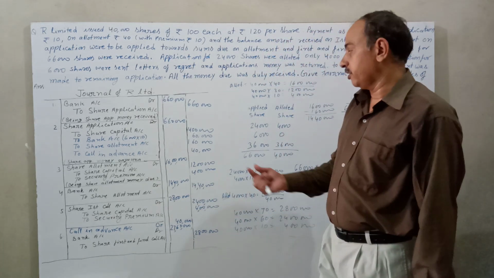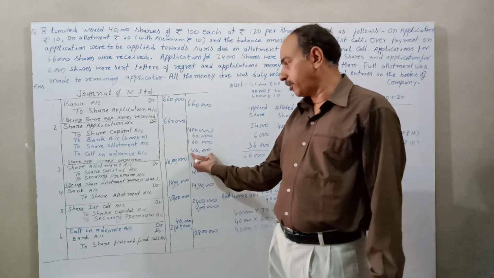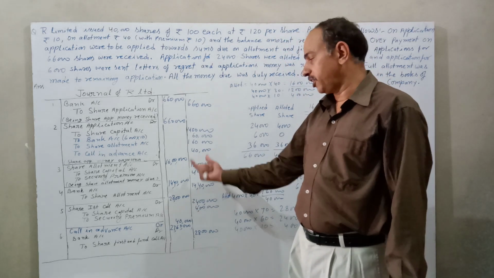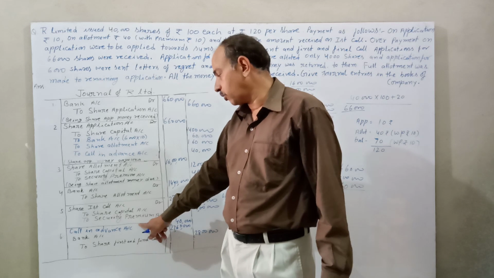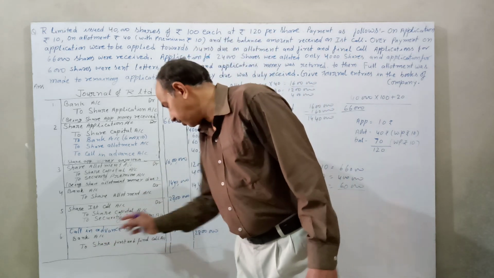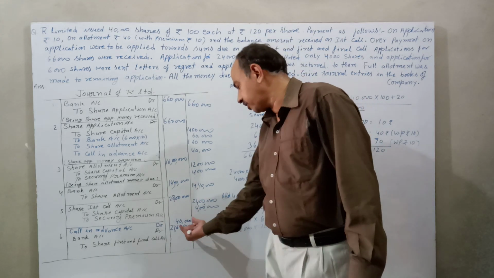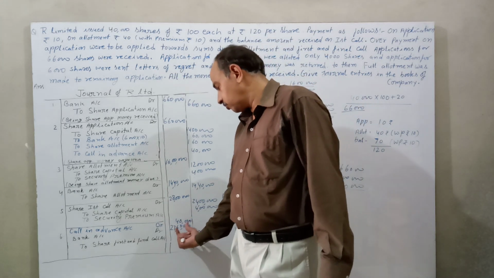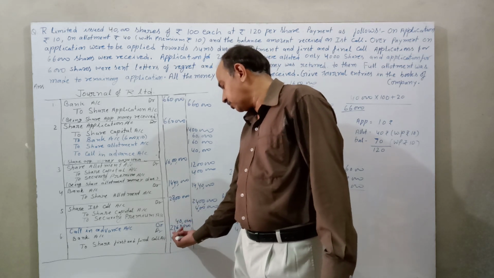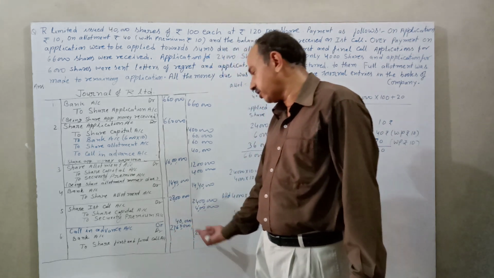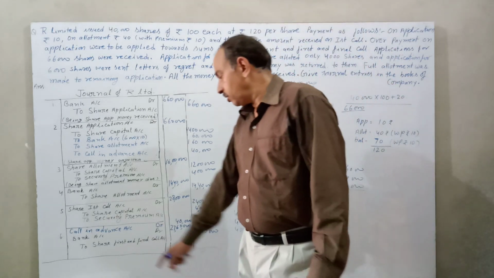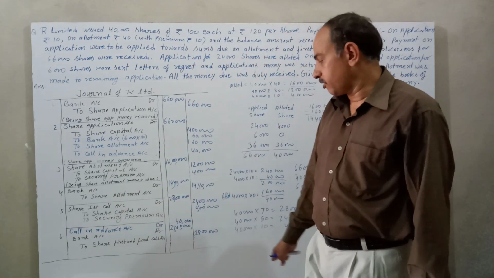And the company received 40,000 call in advance with application. Then the call in advance account is debited 40,000, and the remaining amount out of 28 lakh: 40,000 deducted from 28 lakh, the amount 27 lakh 60,000 is received by the company from the shareholders on first and final call.